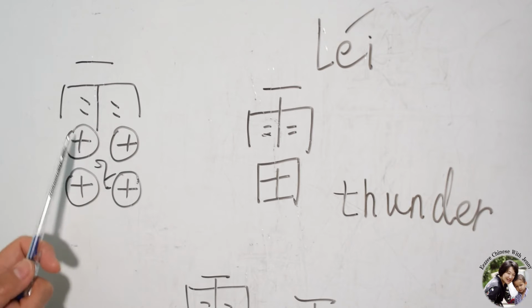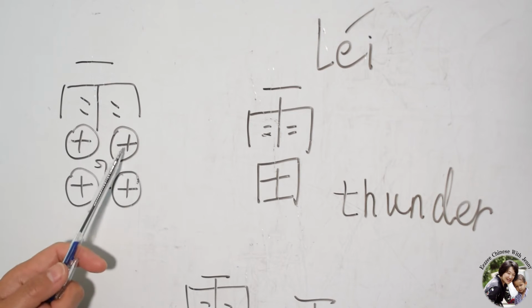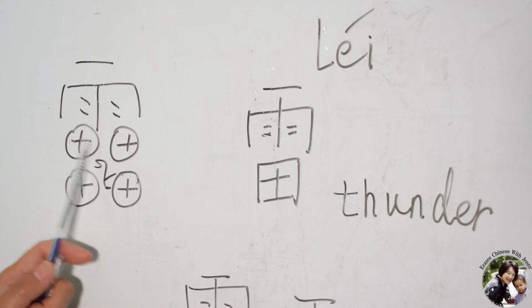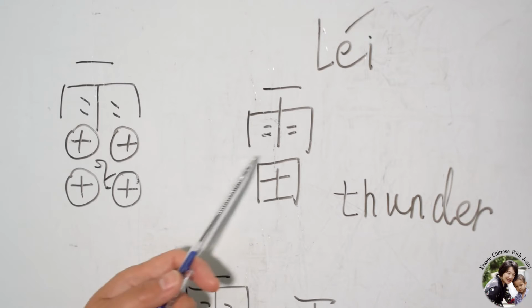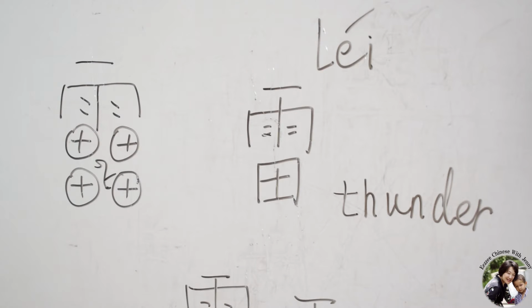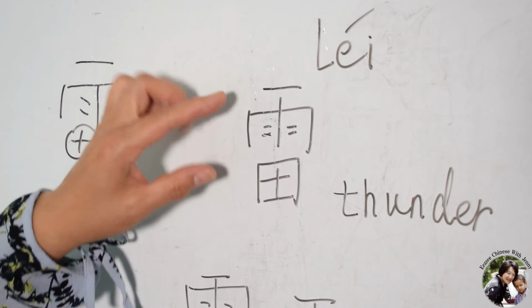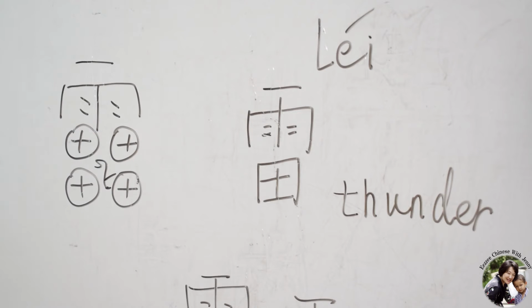This is a lot of noise. When the thunder makes a lot of noise, this represents noise, but it's simplified later to one 田. This means it rains when the drops fall in the farmland.